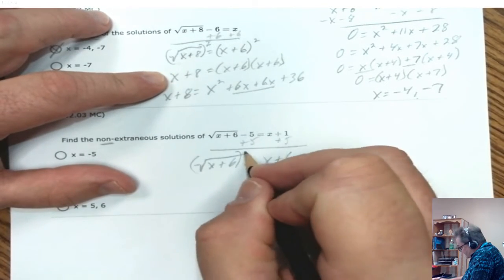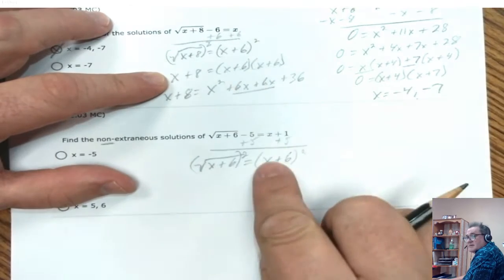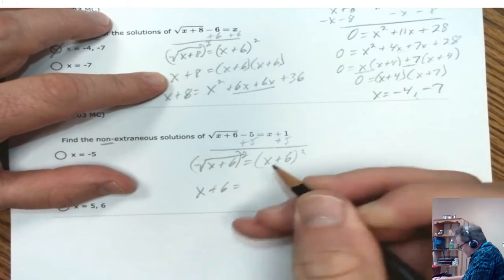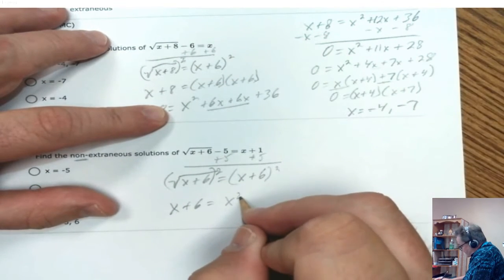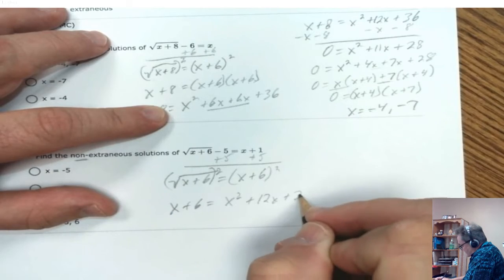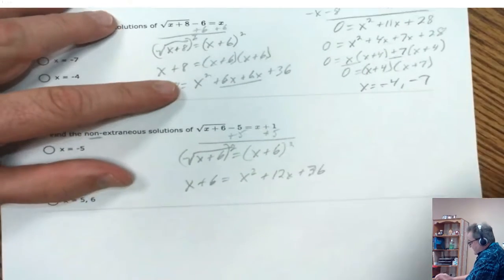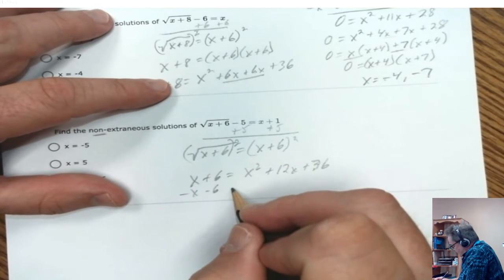Square both sides. We just did x plus 6 up here, so we already know what this is going to simplify to be. X plus 6 equals, we can just borrow from that, x squared plus 12x plus 36, since we just solved that. Now let's move this x and this 6 to the other side.